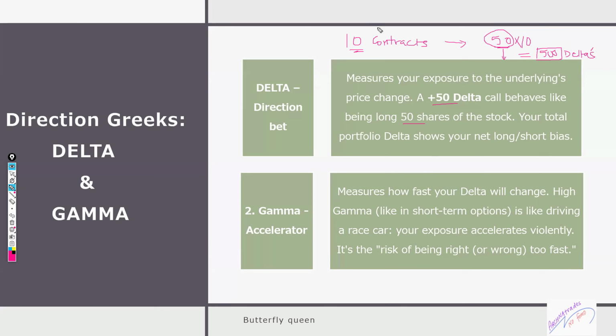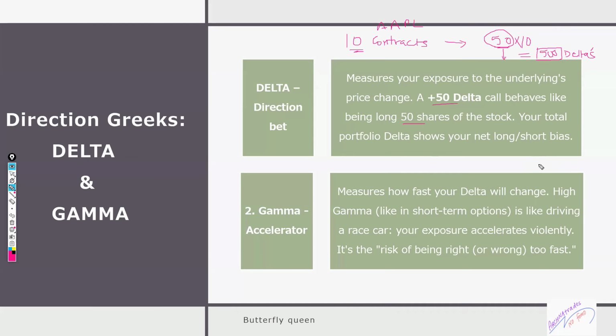And now let's say you get an alert of Palantir going higher. So are you going to buy the next? If you buy 10 contracts at 50 delta for Palantir, now you are 1,000 deltas long.